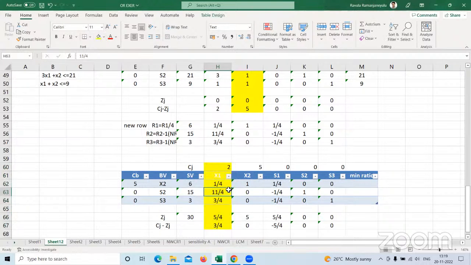We divide these elements with the solution values. We'll be getting it.